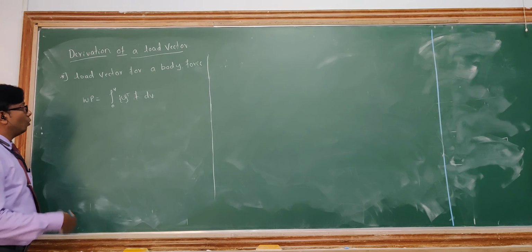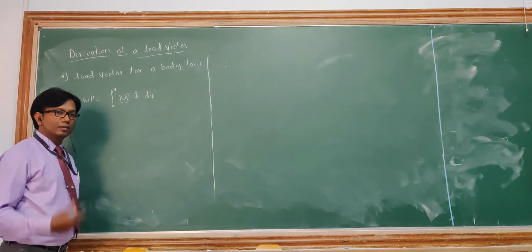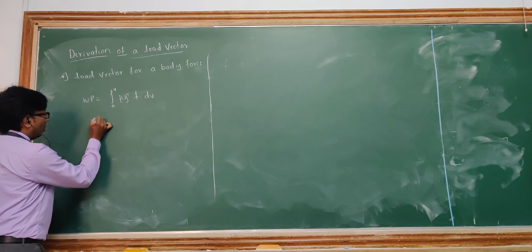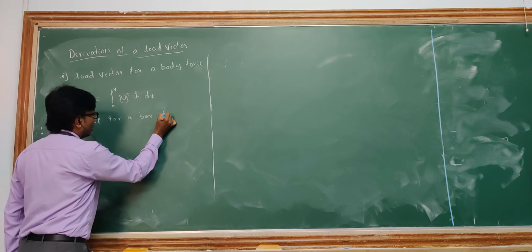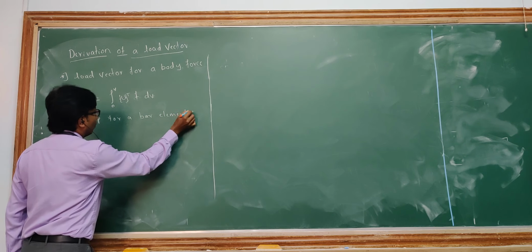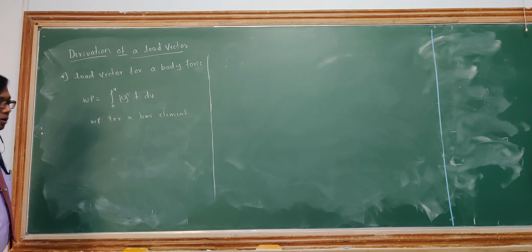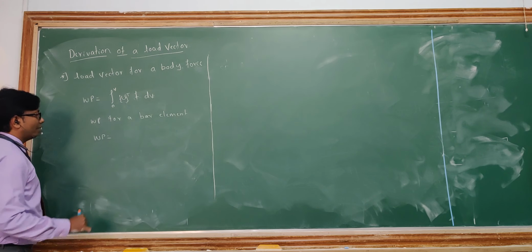When you want to convert the same thing into the 1D analysis, or the work potential for a bar element, I convert this volume into area into displacement, which you have done for the strain displacement matrix.